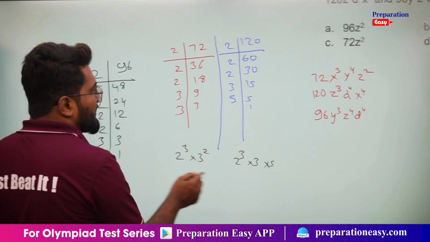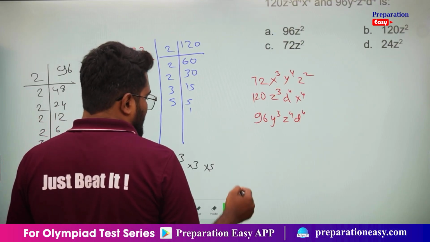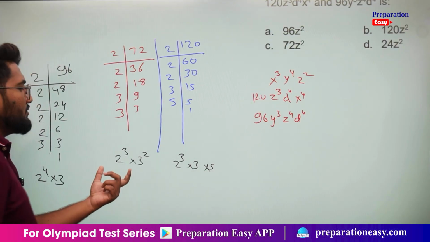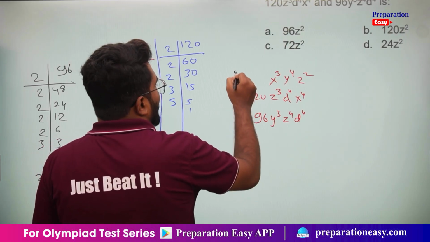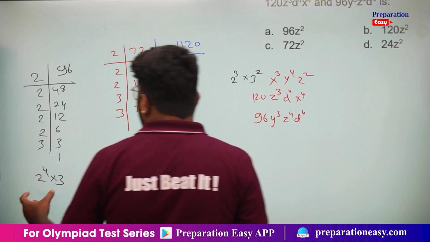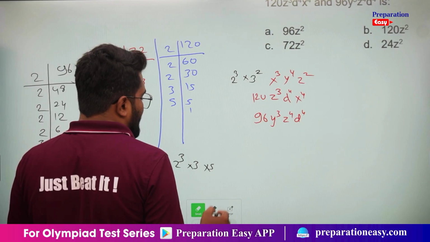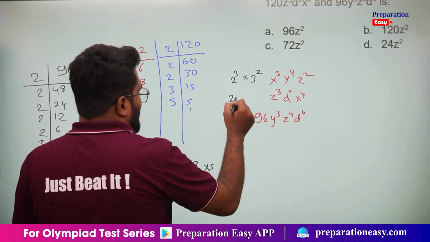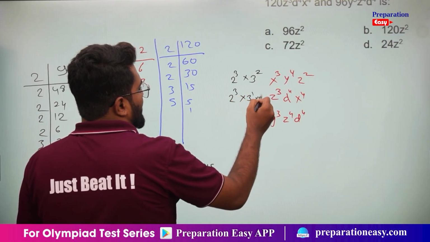So here we will substitute it. 72 is 2 power 3, 3 power 2. 120 is 2 power 3, 3 power 1, 5 power 1.